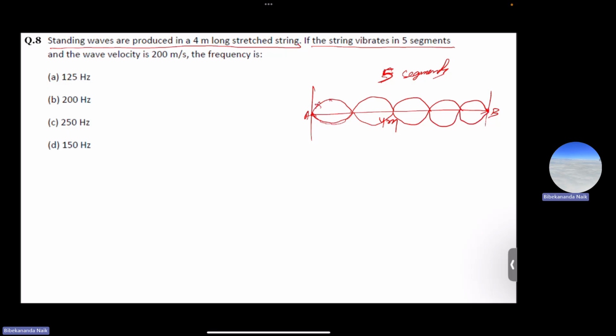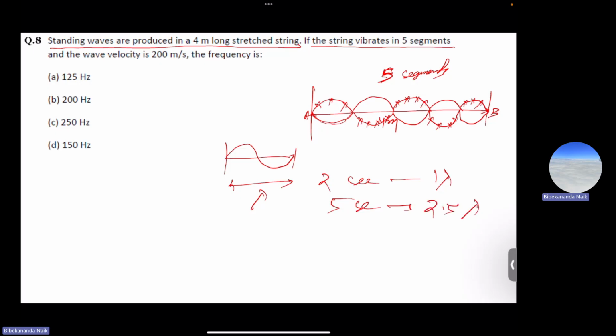Two sections make 1 lambda. So 5 sections is 2.5 lambda. 2.5 lambda is 4 meter. That implies lambda is 4 by 2.5, so 1.6 meter.